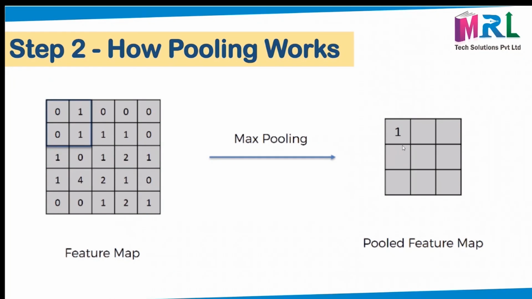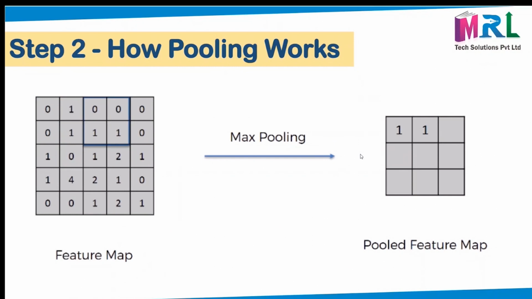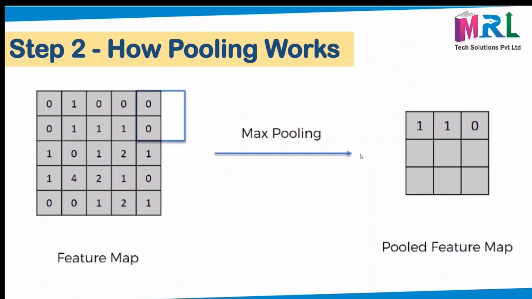What I'm going to do is the max pooling. Max pooling means in that 2x2, I'm going to take only the maximum value. What is the maximum value of this one? It is 1. When I shift it, what is the maximum value? Again, it is 1. And I shift it, again the maximum value here is 0.